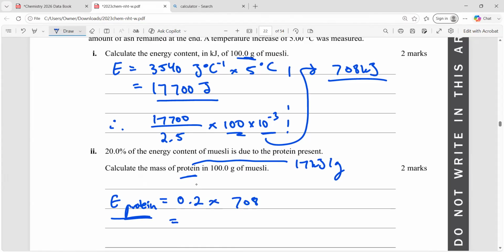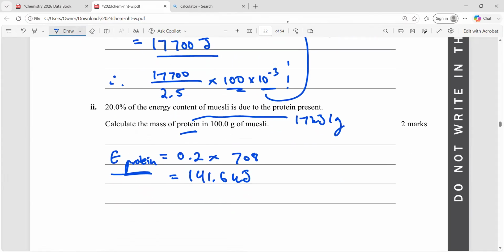What if you get the first question wrong? So that's 141.6 kilojoules. And then the mass of protein would be that divided by 17. We can say with pretty decent confidence that would be 8.33 grams of protein.